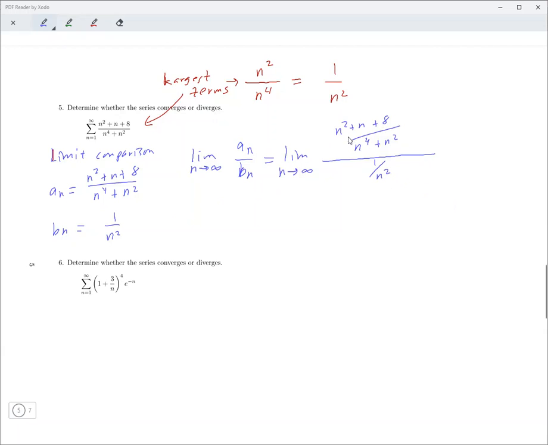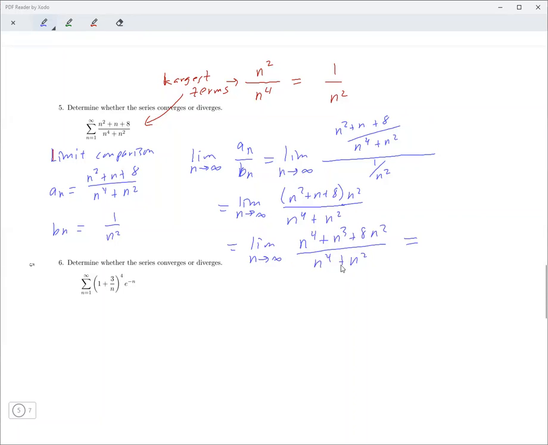Here's our a sub n, here's our b sub n. Now you're basically taking this fraction and dividing by this other fraction, so you invert this one and multiply it on the top. And if you distribute that in, you have n to the fourth plus n cubed plus 8n squared over n to the fourth plus n squared.